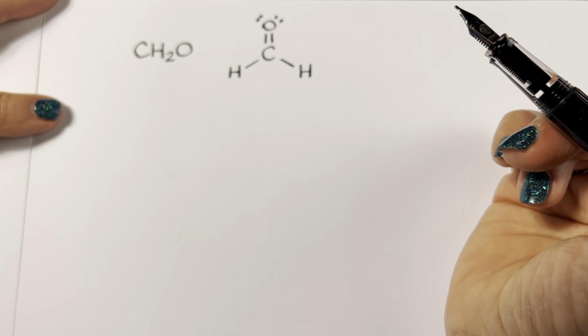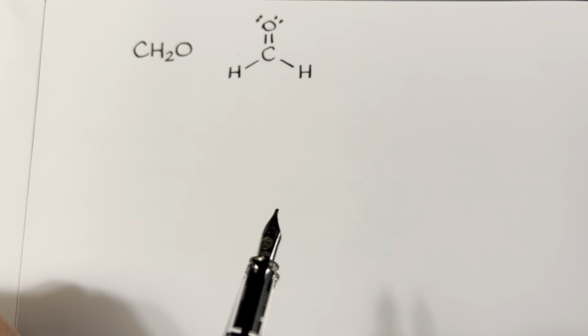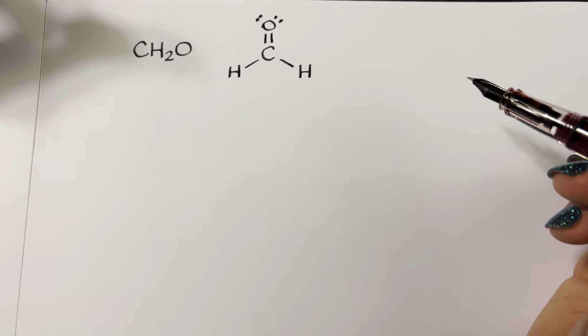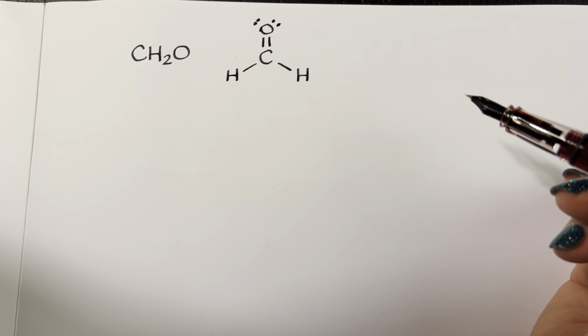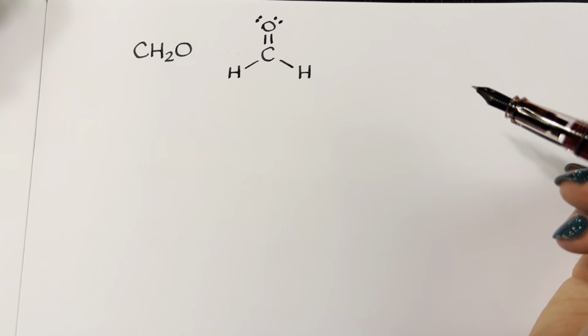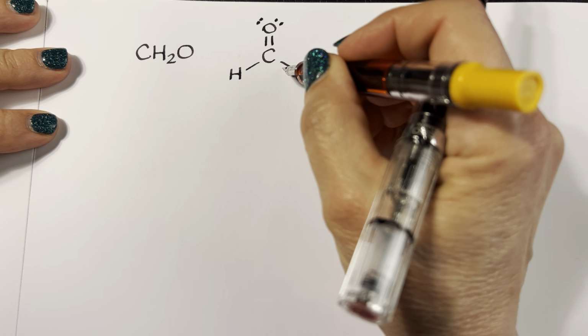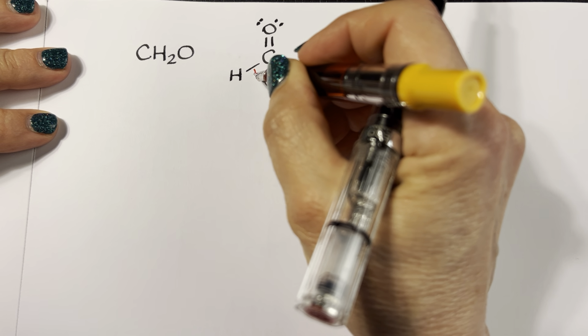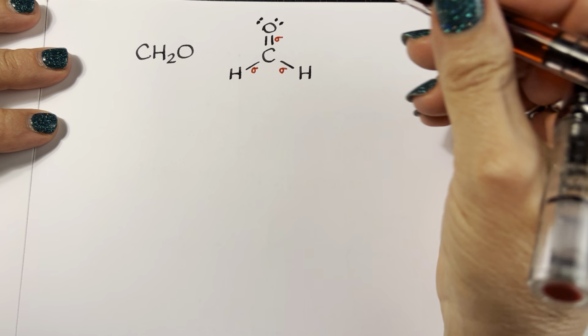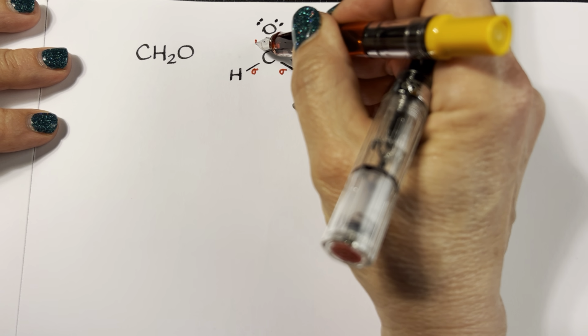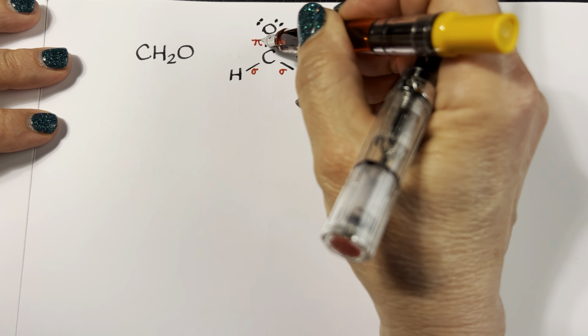Okay? So here, if you're assessing the situation, and looking at the number of sigma bonds, one of these is a sigma bond, but there is a double bond. So one of them is a pi bond.